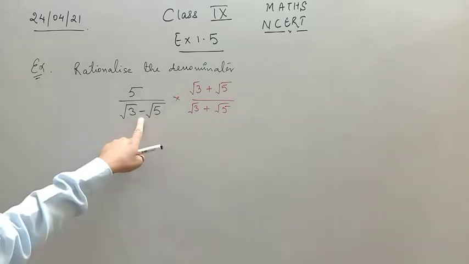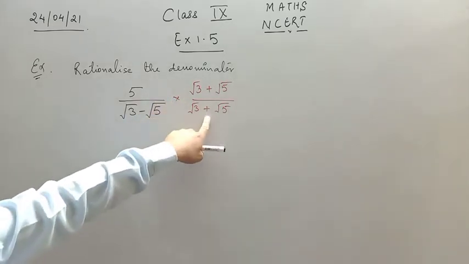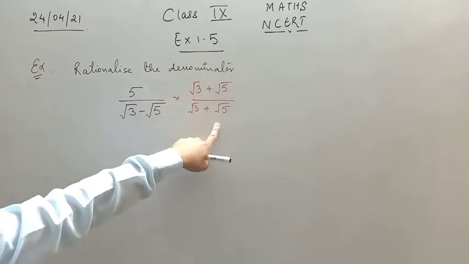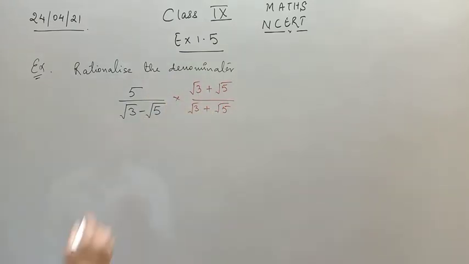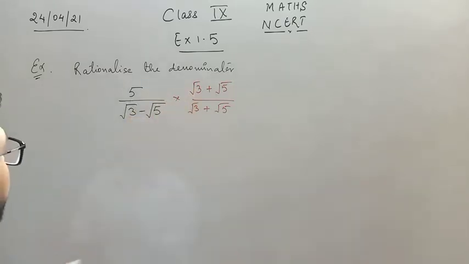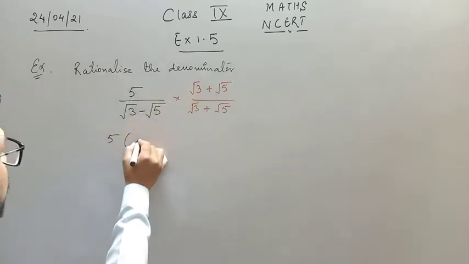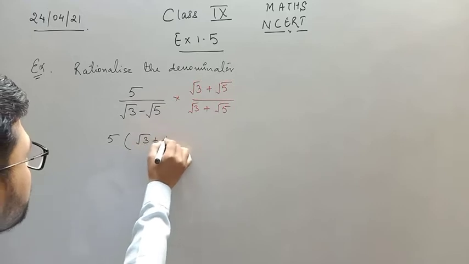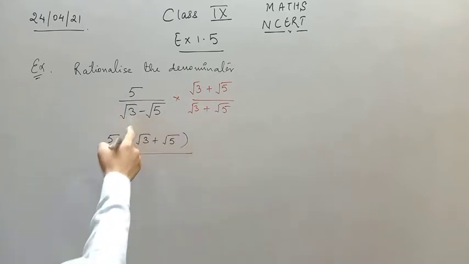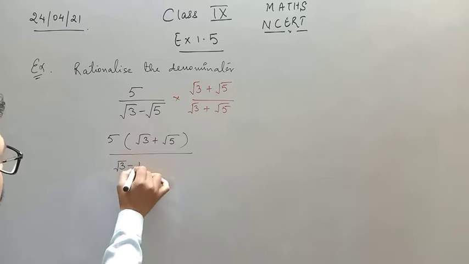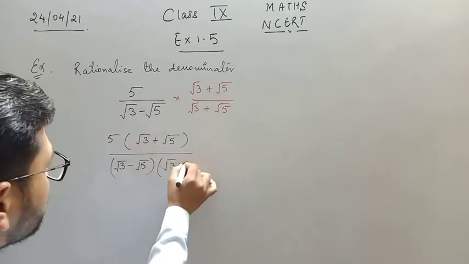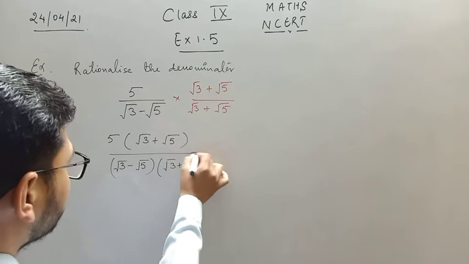Okay, so here is negative, so I just put positive and I multiplied numerator and denominator with the same number. Okay, now just multiply this. What you will get in the numerator is 5 into root 3 plus root 5. In the denominator, root 3 minus root 5 and root 3 plus root 5.